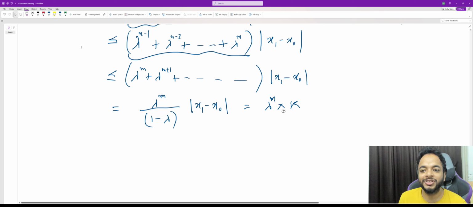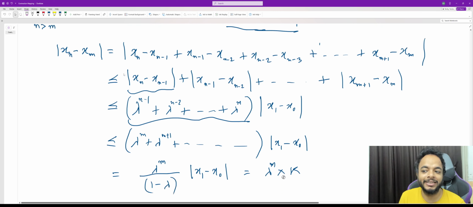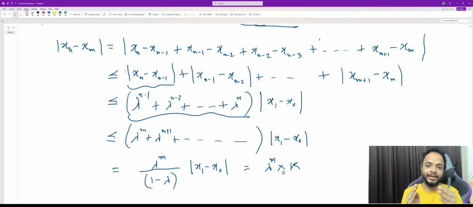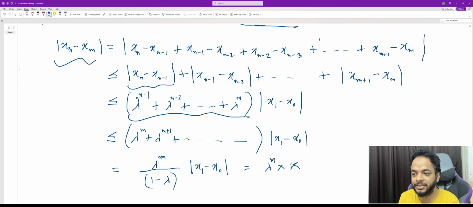Okay, so then it basically tells me that if you want to make the difference between any two terms xn and xm less than something, you just have to increase your m, and after a certain stage xn minus xm, their difference will be less than that, because as I said, I can make this difference as small as I want. I just have to increase my m.